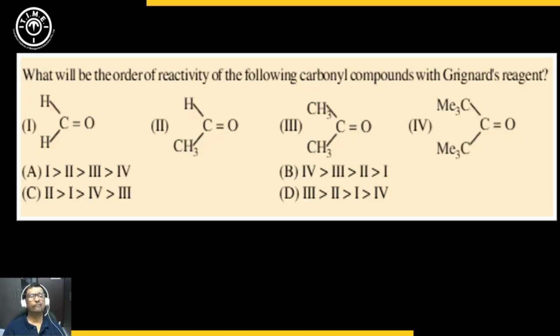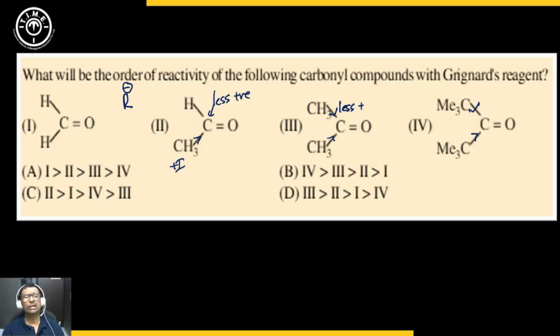Order of reactivity. We know that a Grignard reagent is having R as a minus portion, which is nucleophilic, and it is going to attack a carbon which is electrophilic. So this carbon will have some inductive effect and is therefore less positive compared to the previous one. This carbon is having 2 methyl groups giving, still less positive. And this is tertiary butyl, gives more inductive effect.